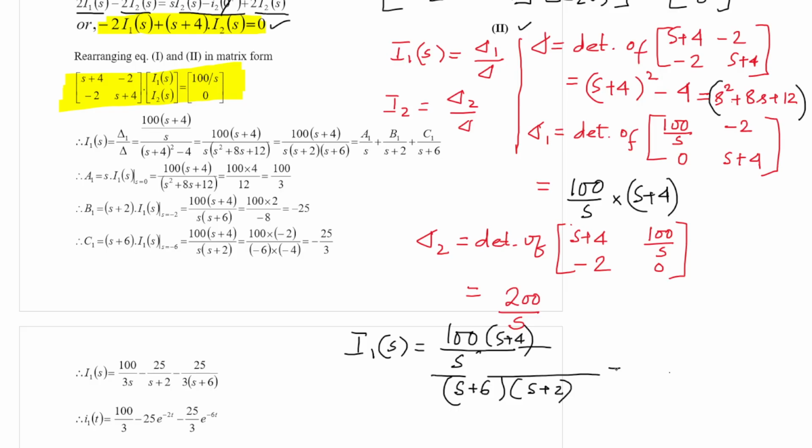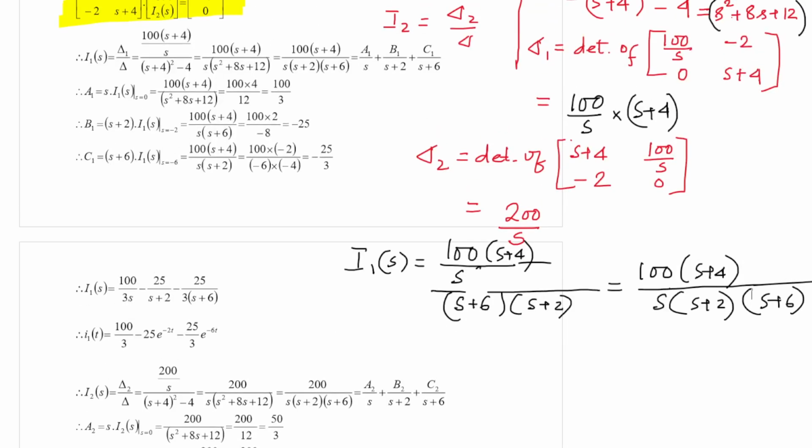So that is equal to 100 into s plus 4 divided by s into s plus 2 into s plus 6. Okay, so let us first solve this.